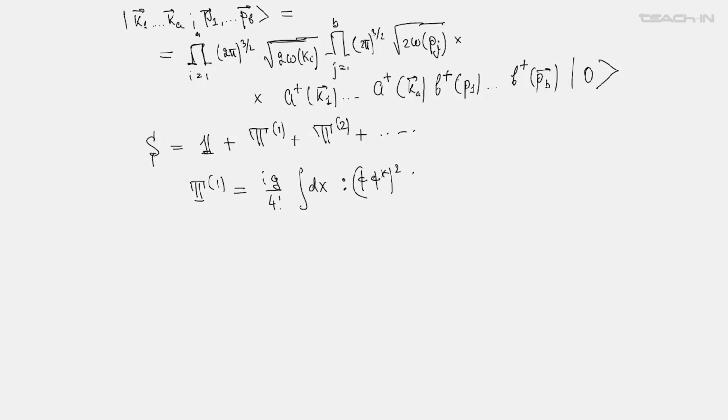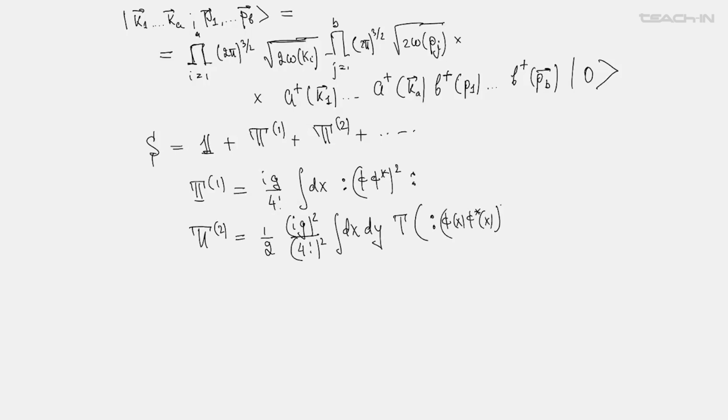The second term will produce for you 1/2, which comes from the exponential, times i G squared divided by 4 factorial squared, integral dx dy, and then the T-ordered product of phi of x, phi star of x squared, phi of y, phi star of y squared.